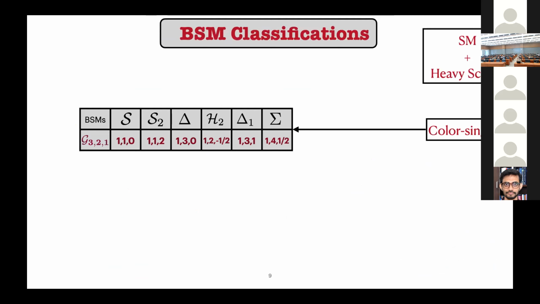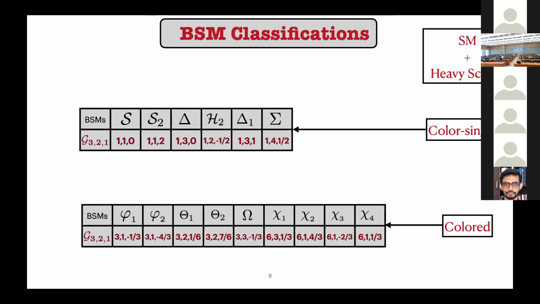Fine. So now what we have done is we have considered different kinds of UV extensions through these heavy scalar fields. We have classified them based on two categories: one is color singlets, and the other is color scalars.